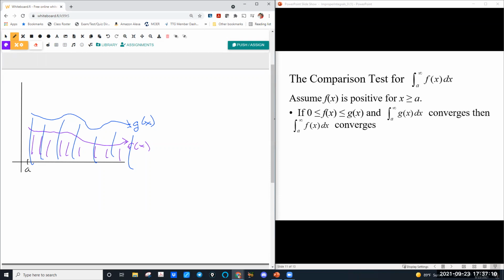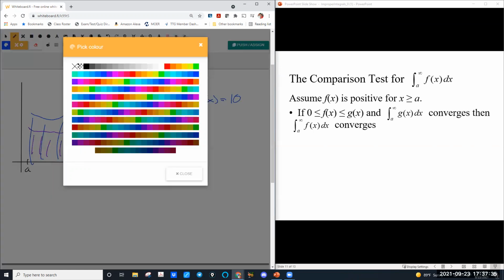Let's say, for argument's sake, the improper integral of g of x equals 10. We calculated it, we got 10.